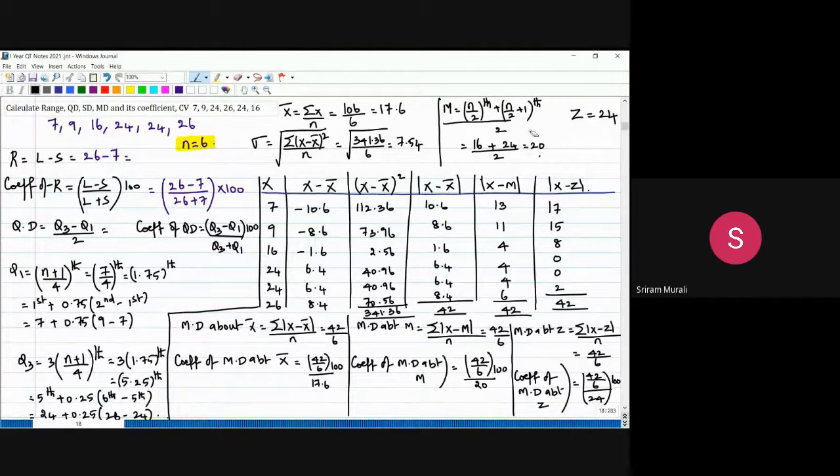Now we have to find CV. What is the formula for CV? Sigma by x bar into 100. What is sigma? Just now we found, sigma is equal to 7.54, divided by 17.6, into 100.